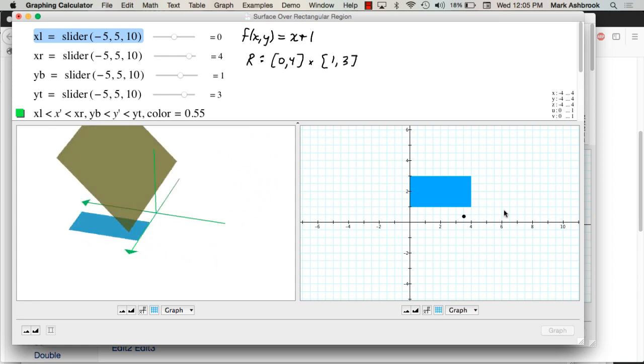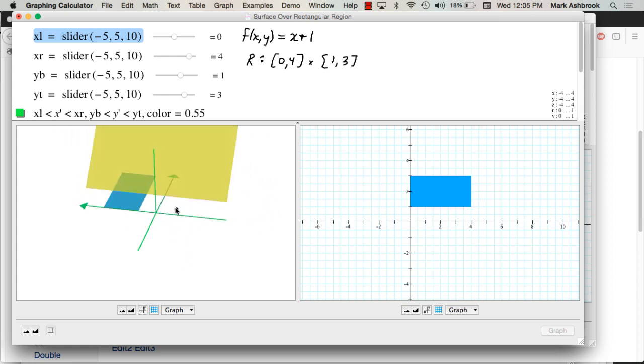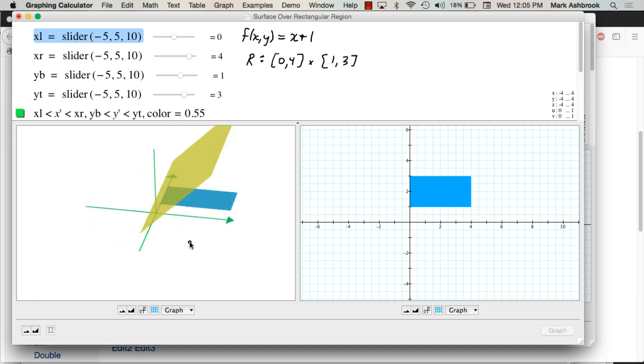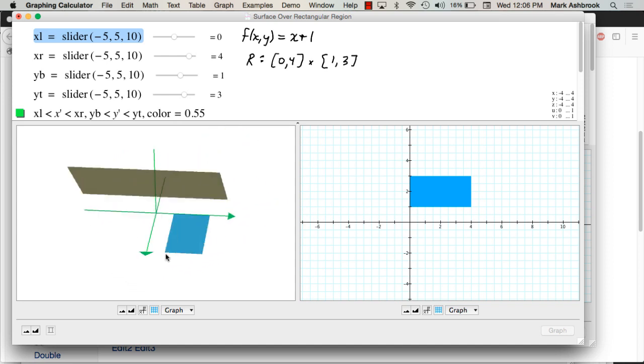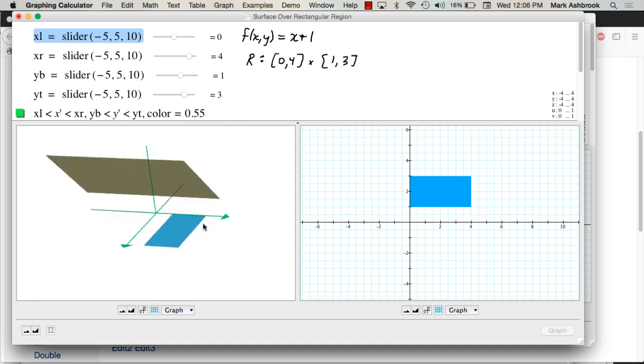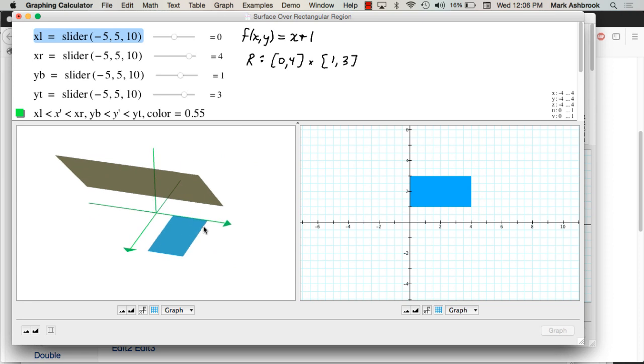So I'm showing that here in R2. I'm also showing it in the R3 perspective here. And we know that in R3, things are rotated 90 degrees from our standard. So those two blue regions are the same region. Does everyone see that?